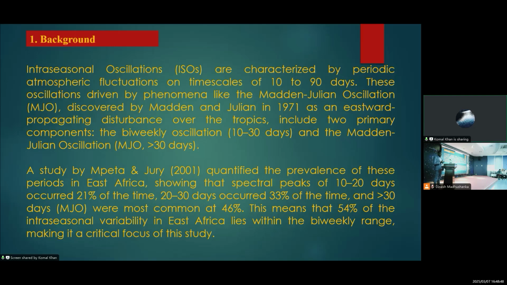And now we can divide them into several other oscillations according to where they occur and their time scales. Now we can discuss them under biweekly oscillation, or sometimes we term them quasi-biweekly, because biweekly means every two weeks.